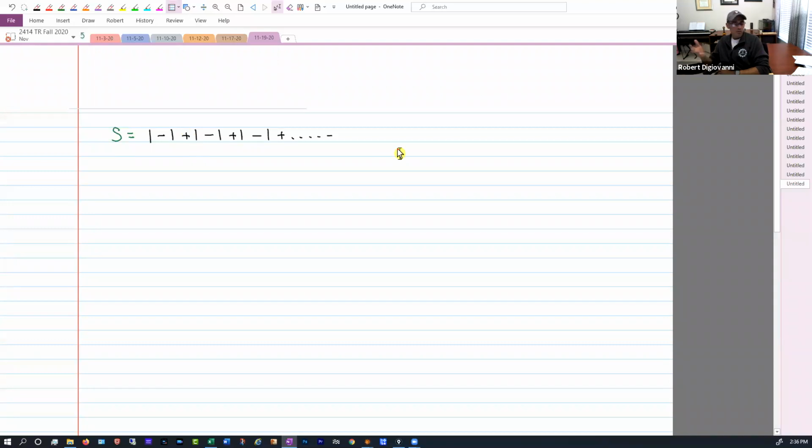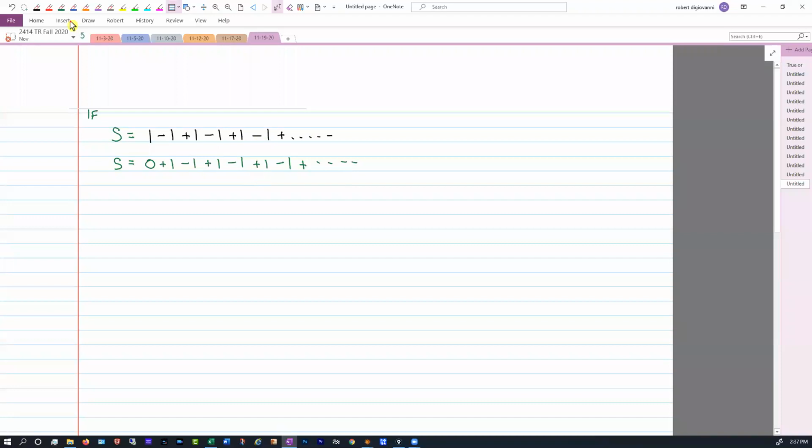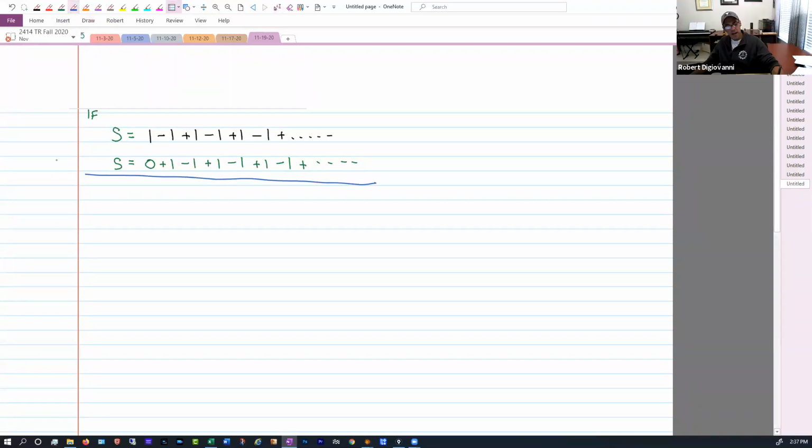Then just follow the algebra that I do right here. If that's true, then do you agree that S could be rewritten this way, just putting a 0 in front, right? Now add these straight down.